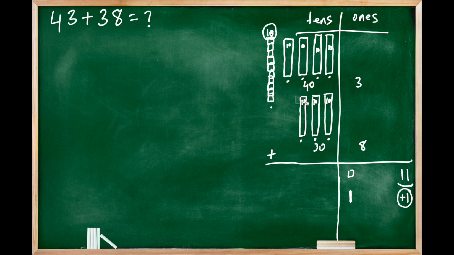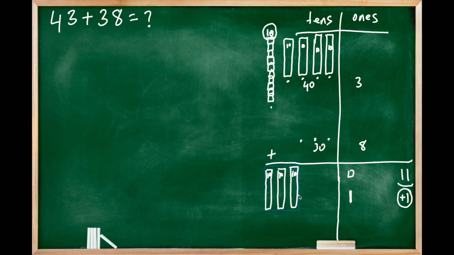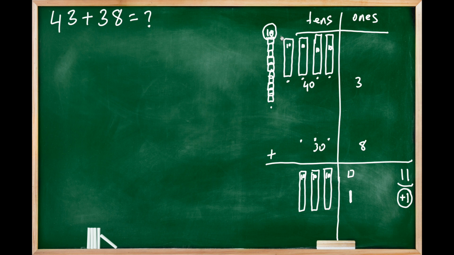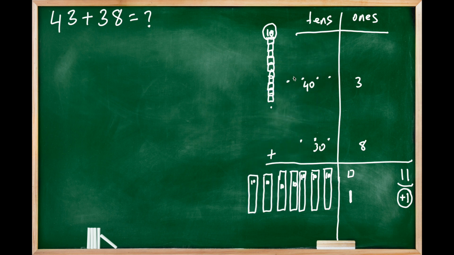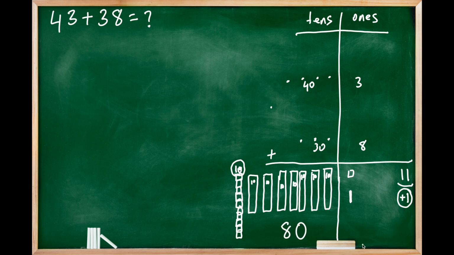Basically, if we move them to our tens place in the result line, the original tens are 70, and this is the regrouped item from the ones place, and in total it makes 8 tens, which is 80. And here we have 1 from the ones place, and if we combine them together, it makes 81 as a result.